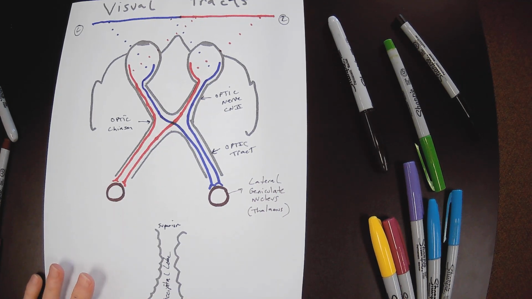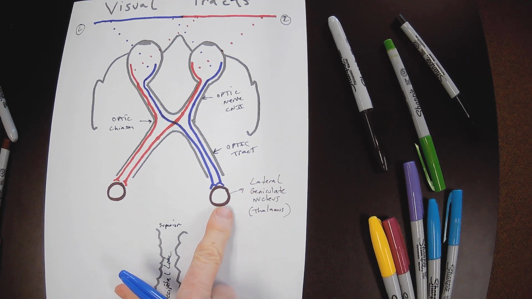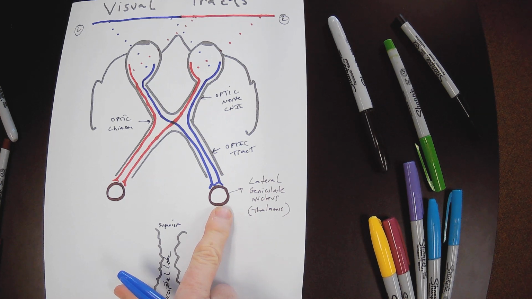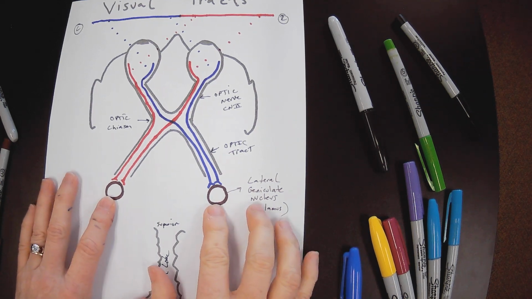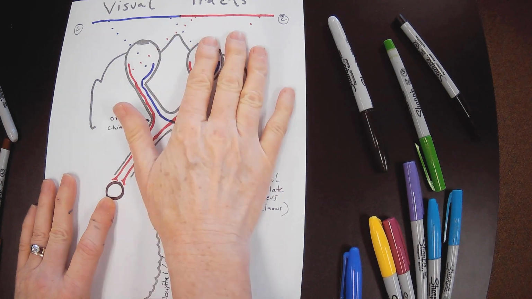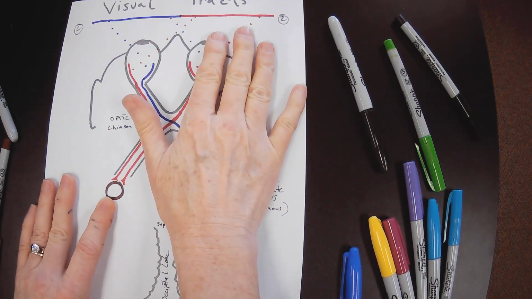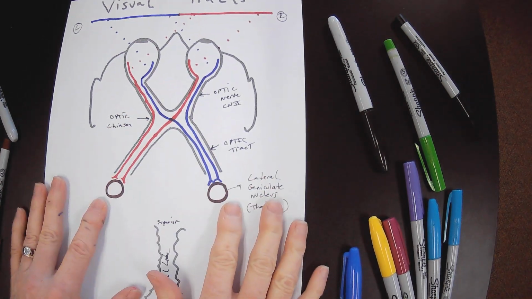It's because we did some crossing over there. Once we get to the level of the lateral geniculate nucleus, we're going to split up into two different tracts. So right now, at the level of the thalamus, we're separated into left and right visual fields, right? And they're opposite each other.